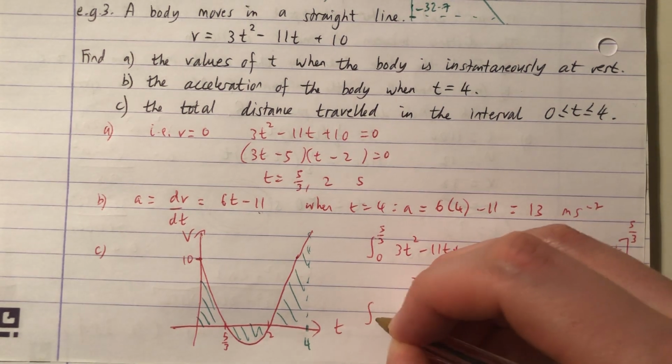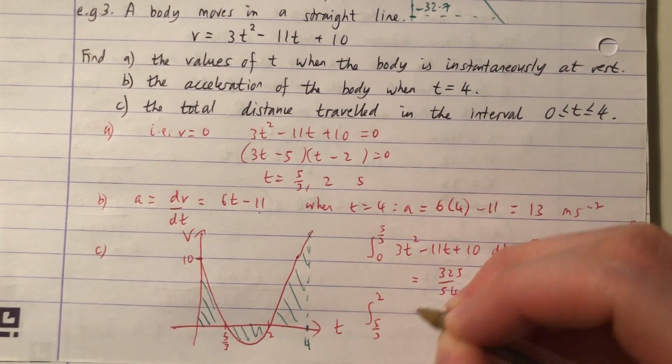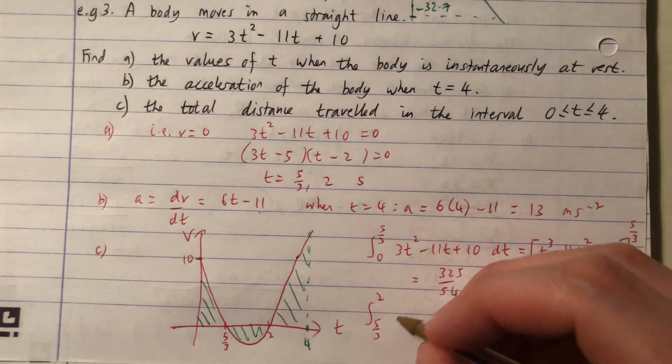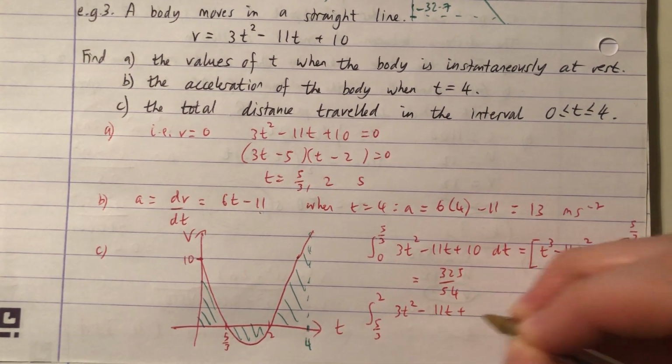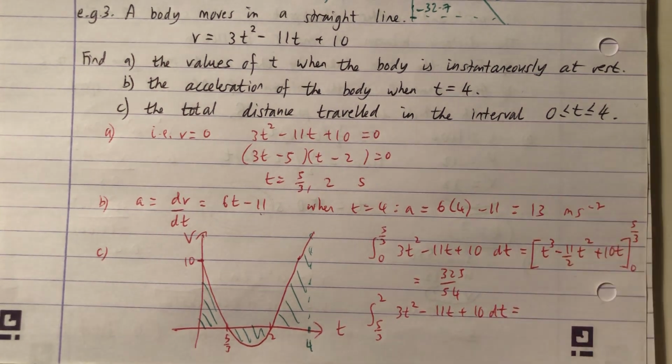Then you integrate between 5 over 3 and 2. So 3t squared subtract 11t plus 10. Again, I'm going to skip major parts of the workings for this and just type it directly into my calculator.